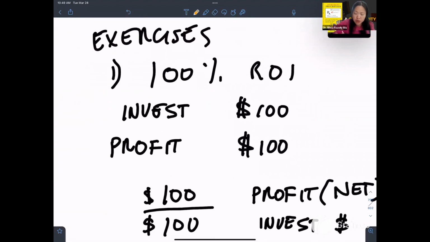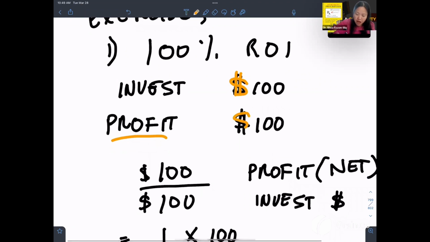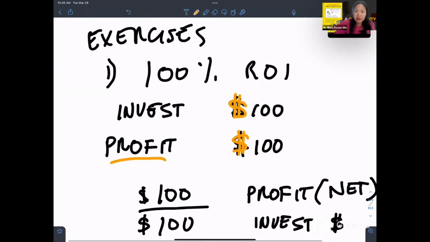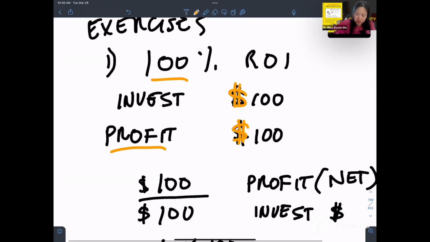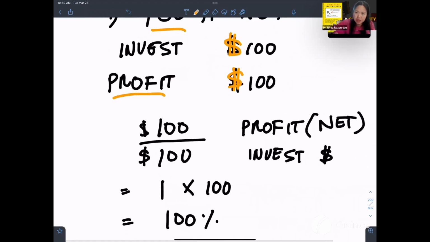100% ROI, or return of investment. So let's say you invest $100 of your own money, okay? And you make a net profit of $100. Now, how did we get to 100% ROI, or return of our money? This is the formula.